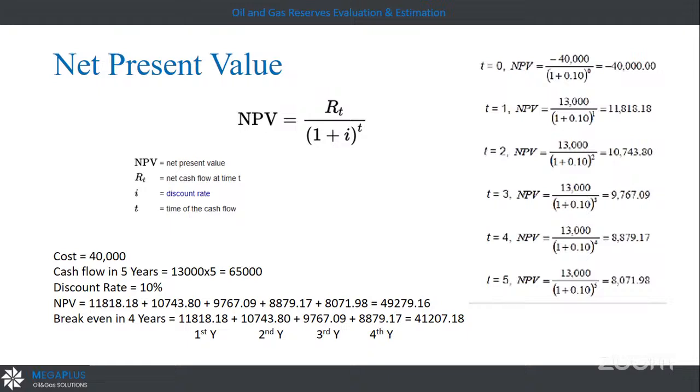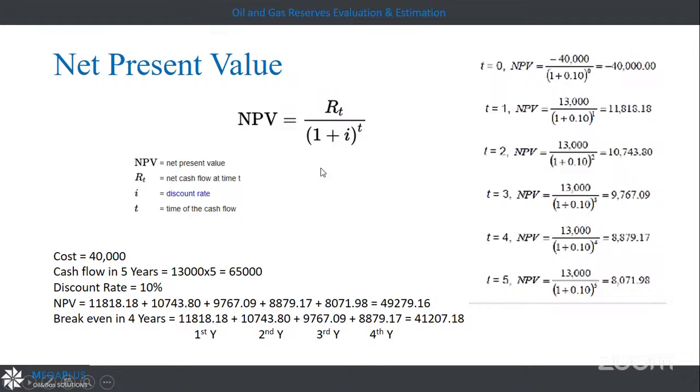As an example, if I have inflation or a discount rate like 10%, next year the value of the money will be less than this year by 10%. So here is an example that can show us the net present value rule. The net present value is equal to the net cash flow, the cash that I have at a certain time, divided by 1 plus the discount rate to the power of T.